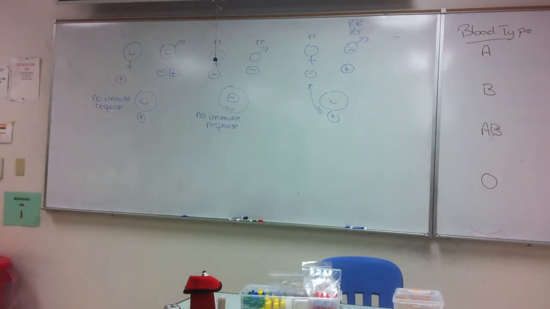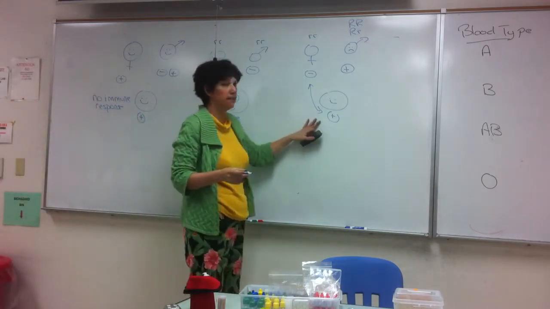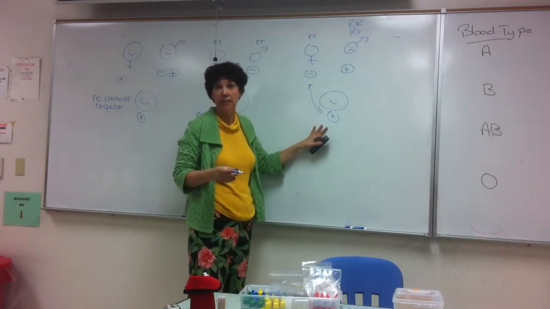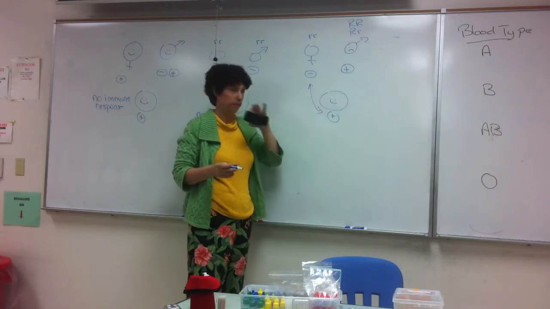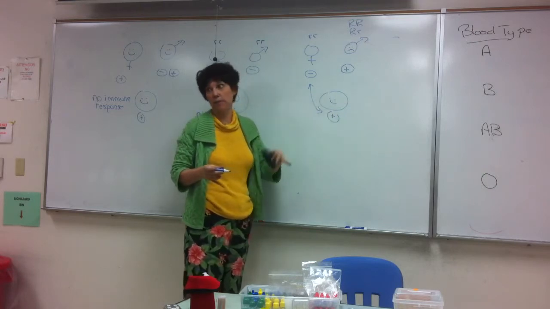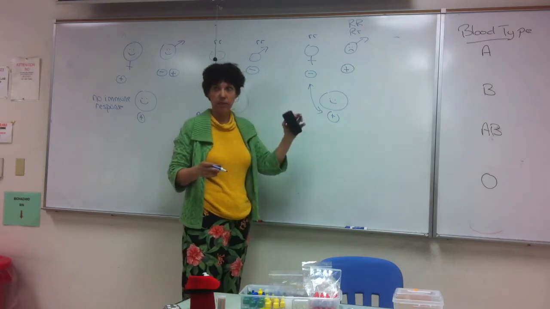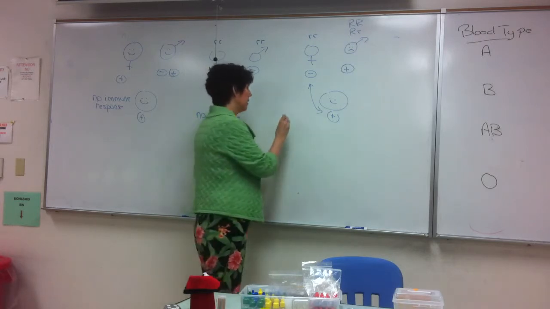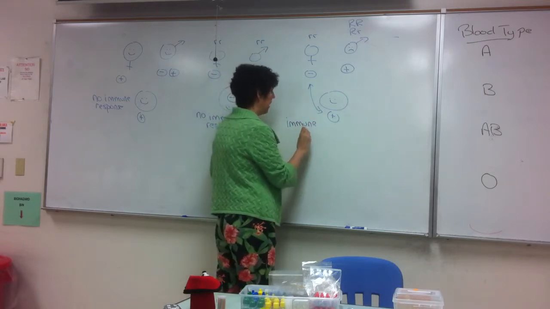There's no way the antibodies are going to cross the placenta, since there's no placenta anymore. However, the memory cells making these antibodies remain behind. And the second time there is a baby, if it's positive, those antibodies will cross the placenta and start to agglutinate its blood cells. So there is an immune response. Antibodies develop.